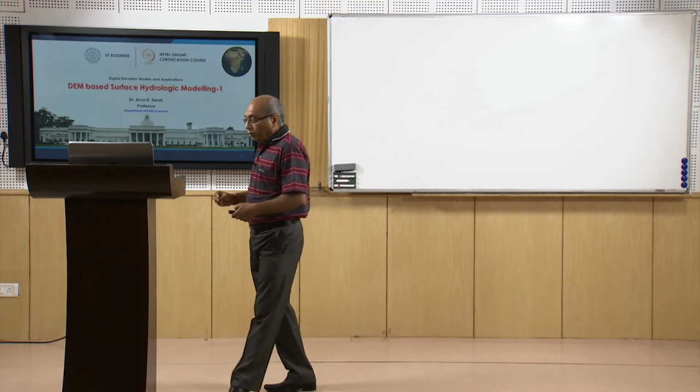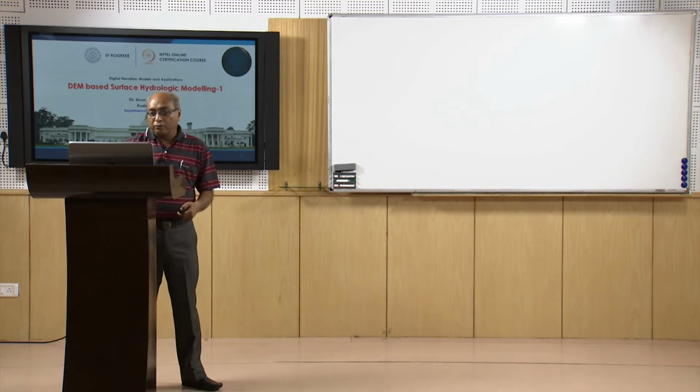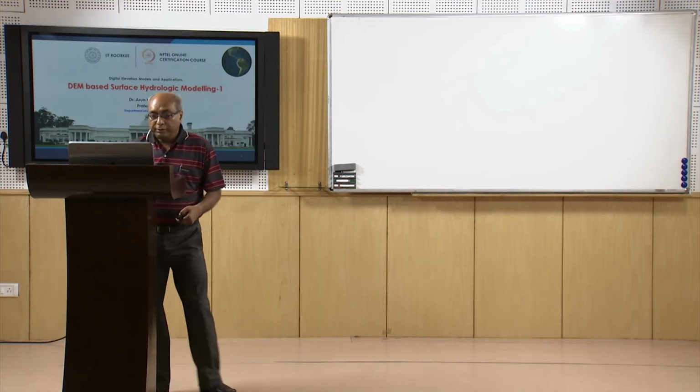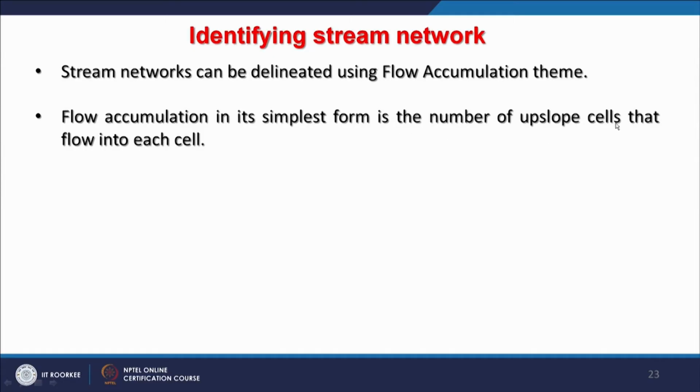Now how to identify a stream network? For a stream network, the theme which will go as an input is of course the flow accumulation theme, and here we have to define a threshold value, that is, how many cells will contribute to an outlet, and based on that the stream network will be derived. So flow accumulation in its simplest form is the number of upslope cells that flow into each cell.